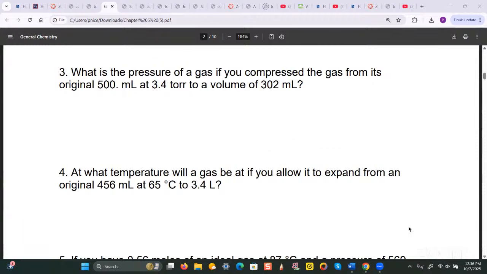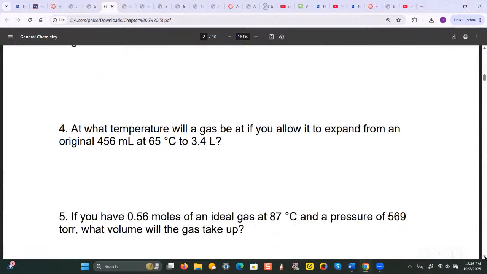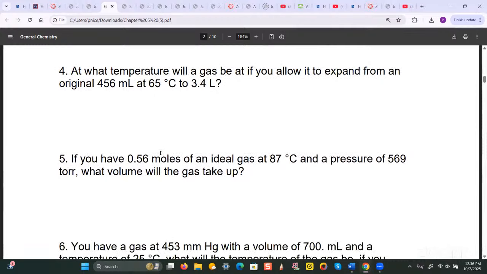And scroll down to number 4. So number 4 says, at what temperature will a gas be if you allow it to expand from an original 456 mL at 65 degrees Celsius to 3.4 liters? Okay, so which law comes to mind in this particular case?